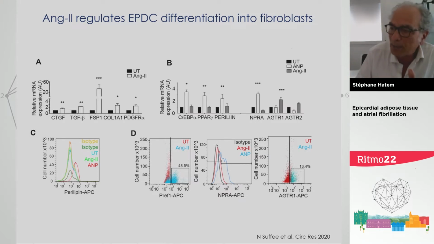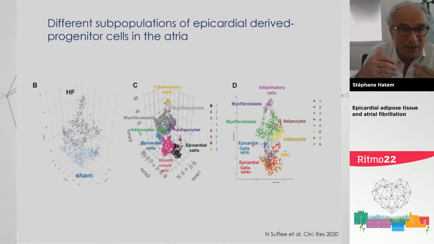So there is a subpopulation of cells in this epicardial layer that we have been able to isolate and identify using this new approach of single-cell RNA sequencing. And we found that, indeed, if you look at the right side of the panel, there are progenitor cells that can go to myofibroblasts or adipocytes, depending on the switch, which is regulated by natriuretic peptide or by angiotensin II.